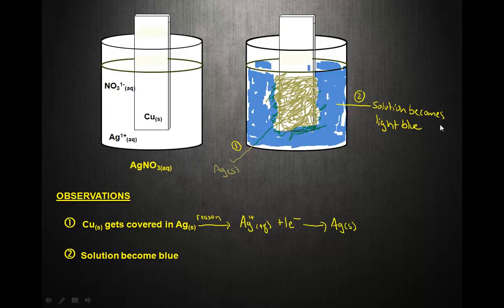So we have to explain that too. What's going on here? So now I would write your second point, again on your page off to the side here. And let's take a look at the reason. What's going on? Well, the reason this is becoming blue is we know that copper plus 2 aqueous is blue.